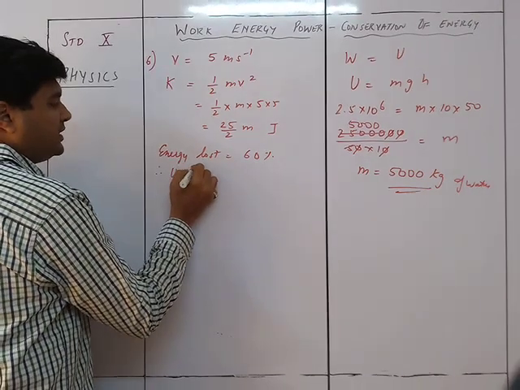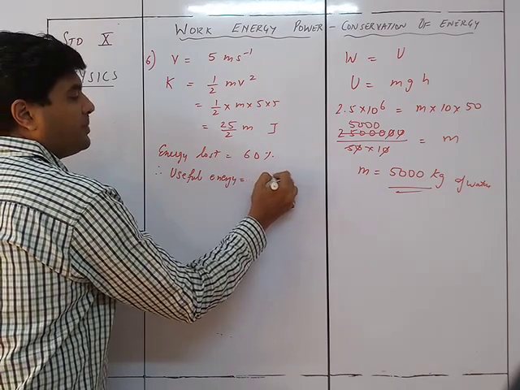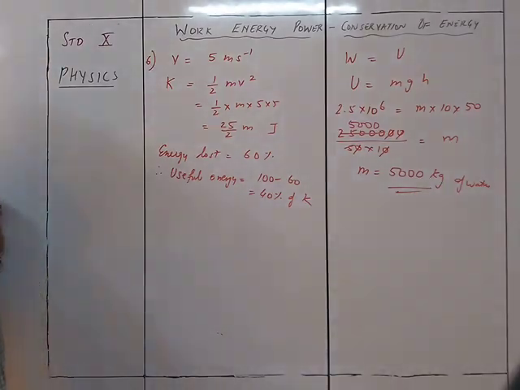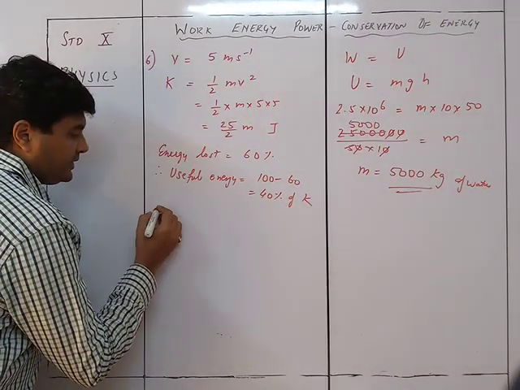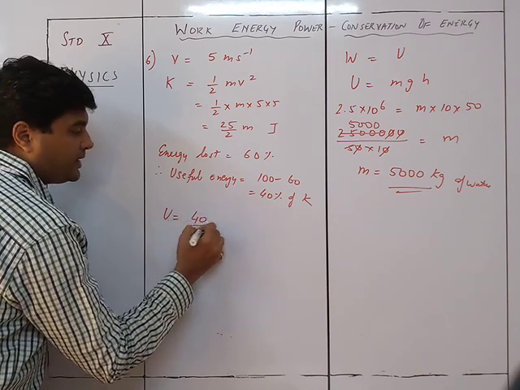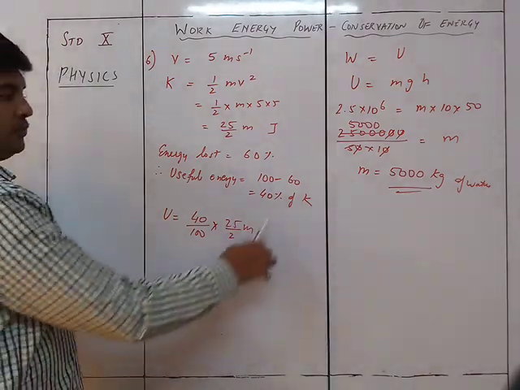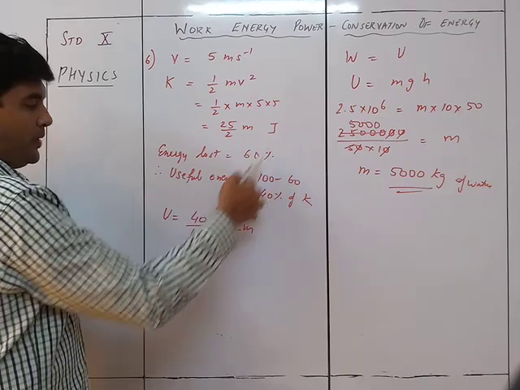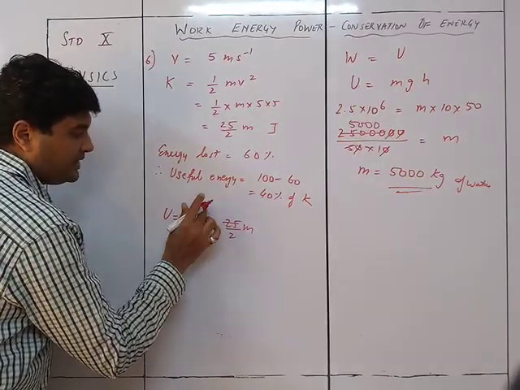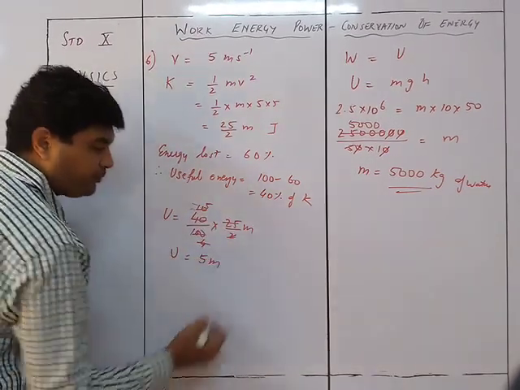Therefore, useful energy will be how much? 100 minus 60 is equal to 40% of K. So U will be equal to 40 upon 100 into 25 upon 2m. 40% of K. What was K? 25 upon 2m. So that will give me 25 fours. This is 20 tens and then 5. So U will be equal to 5m.